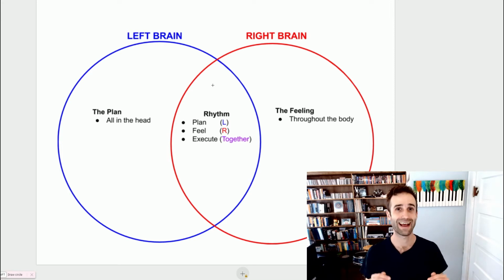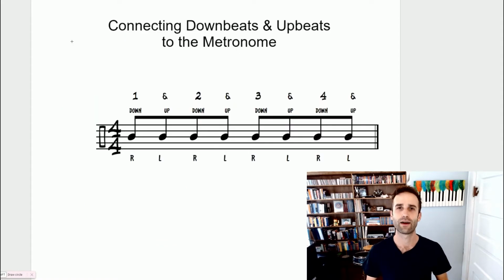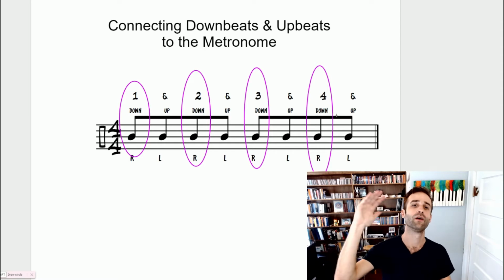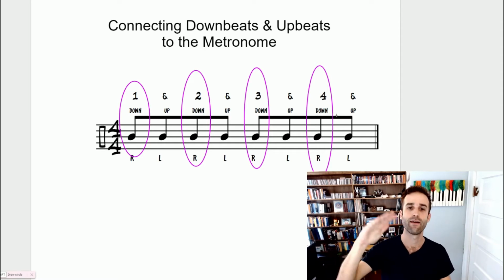So with that said, let's talk about how we're going to use the metronome. Here we have a diagram of how we're going to connect the downbeats and the upbeats to the metronome, all right? Now, first of all, I've put eighth notes here. So this is showing both the downbeats and the upbeats. You can notice that the downbeats are coming first and we are counting those with numbers and playing them with our right hand. 1, 2, 3, 4.